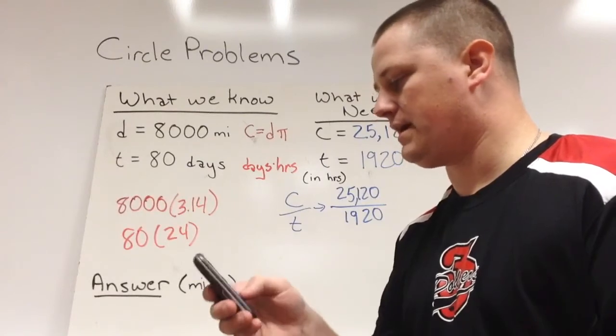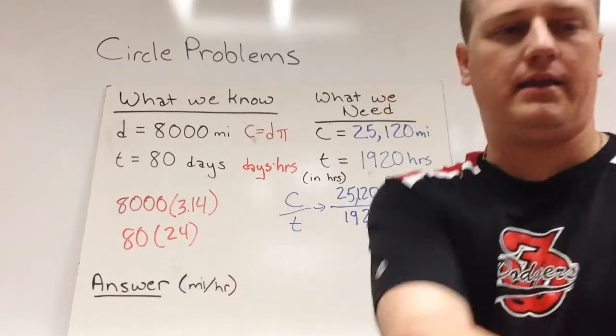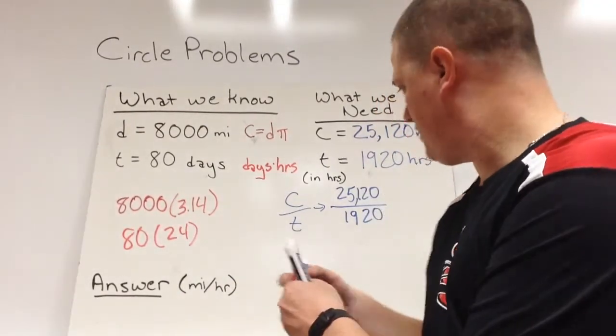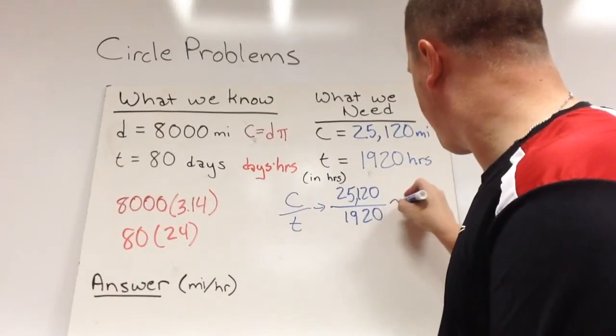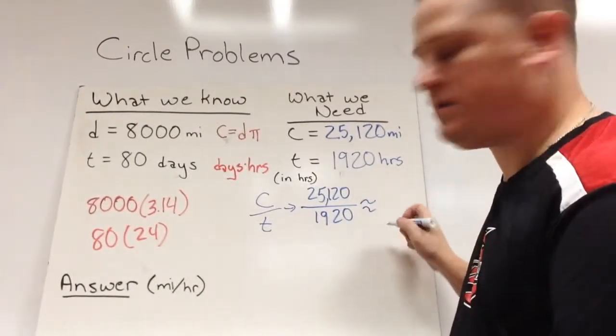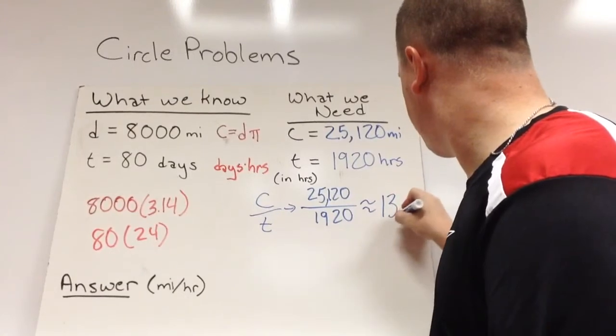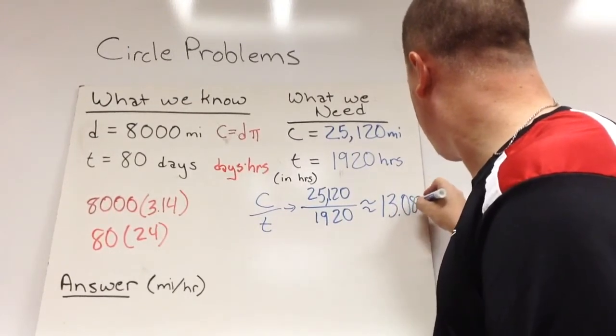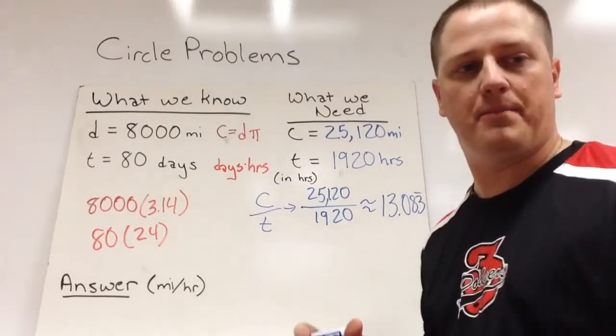So type it into the calculator, hit equal, and it looks like it is about 13.083. The 3 repeats forever.